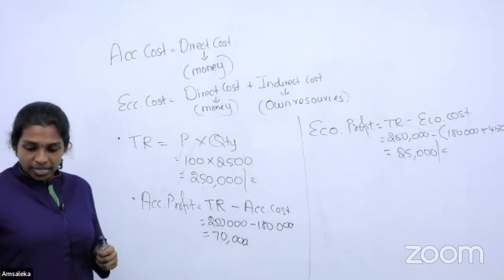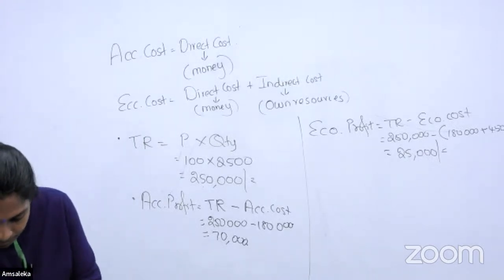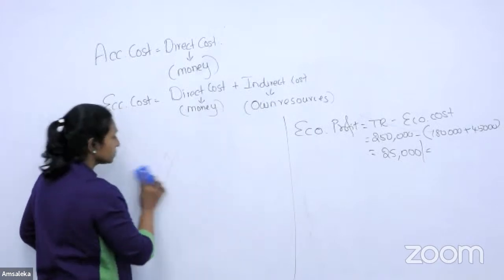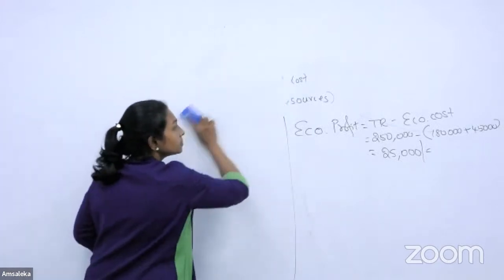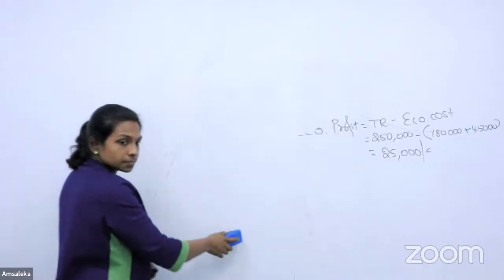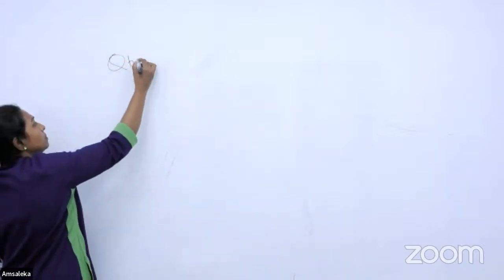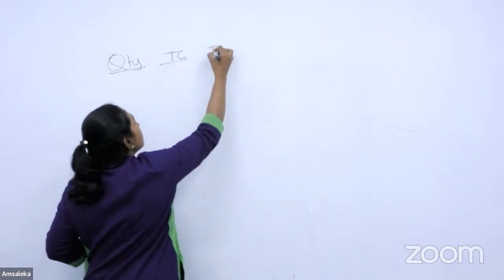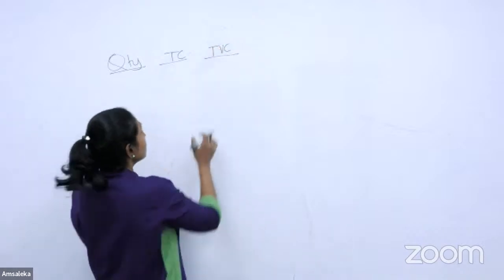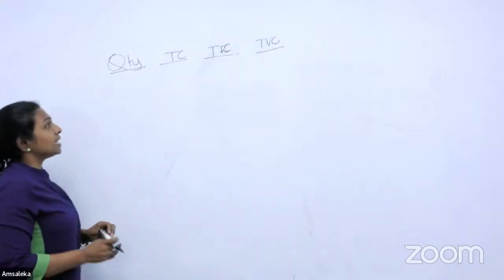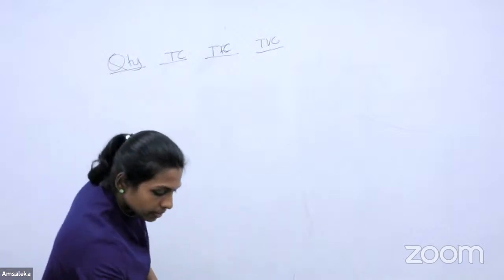Now I'm going to do the B part. Quantity is given, total cost is given. By that, we want to find first the TFC. TFC and TVC will be calculated, right?